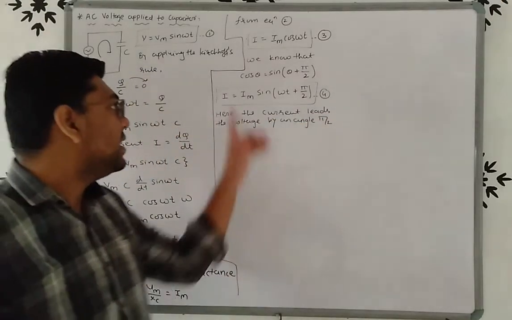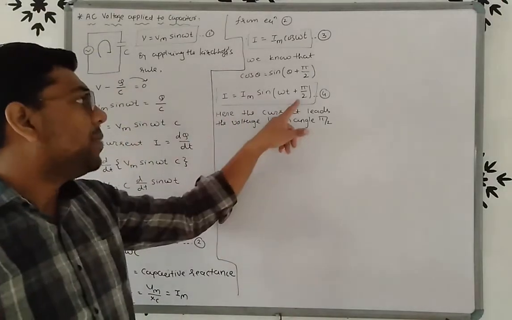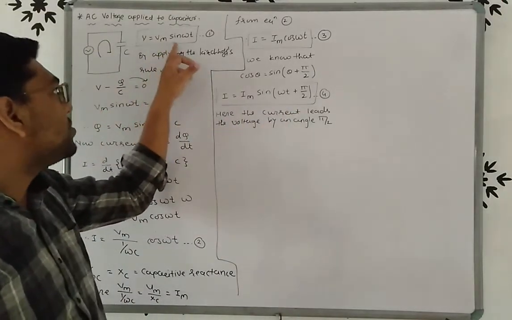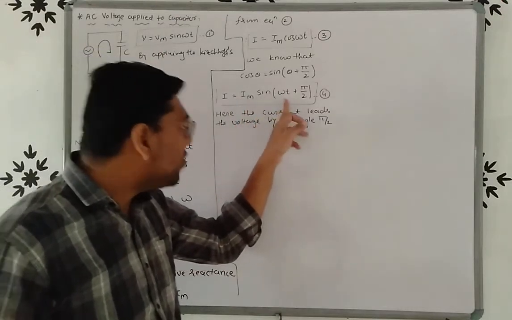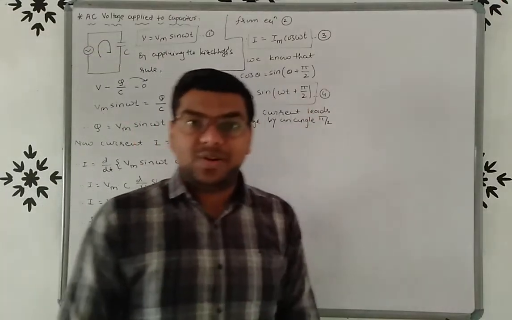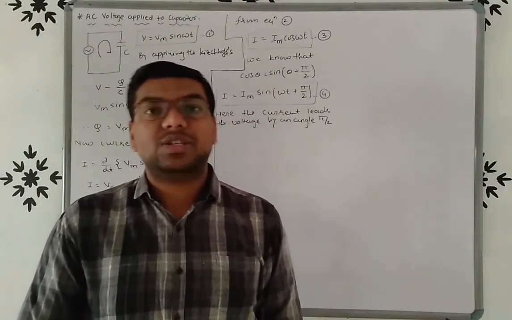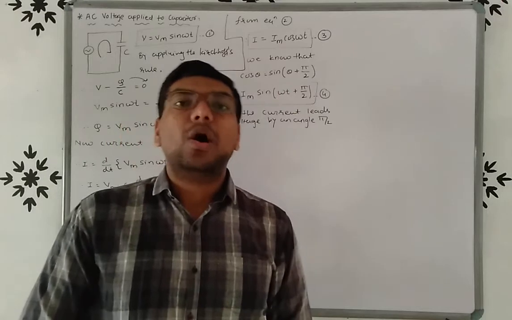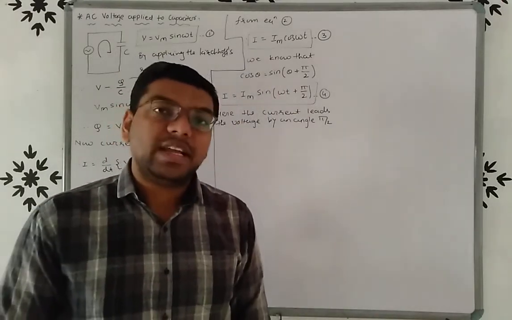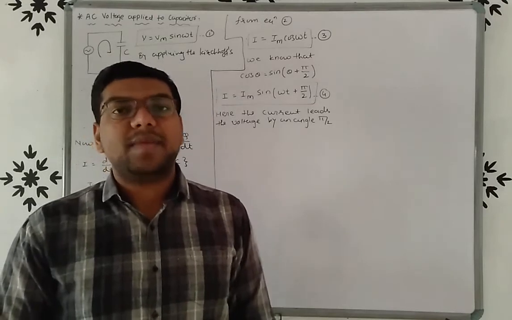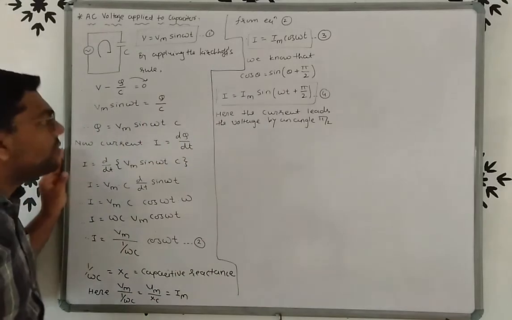Or you can say the current is ahead of voltage by angle pi by 2, because V is equals to Vm sin omega t and I is equals to Im sin omega t plus pi by 2, right? So this current is ahead of voltage by angle pi by 2, or you can say the current leads the voltage by angle pi by 2. So friends, this is the equation of current.